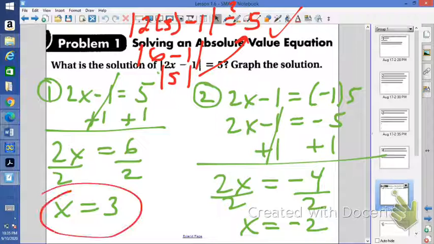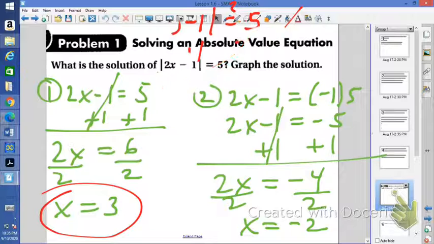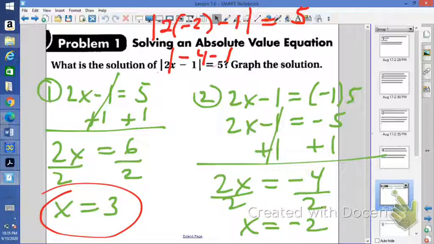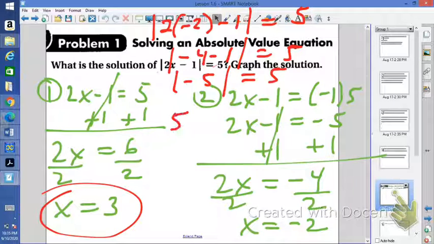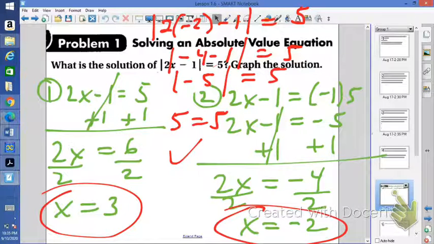Yes, so this is a solution. Now the other one: the absolute value of 2 times -2 minus 1, does that equal 5? 2 times -2 is -4, minus 1, so we have the absolute value of -5. The absolute value of -5 is 5, and 5 equals 5. That also is a solution.